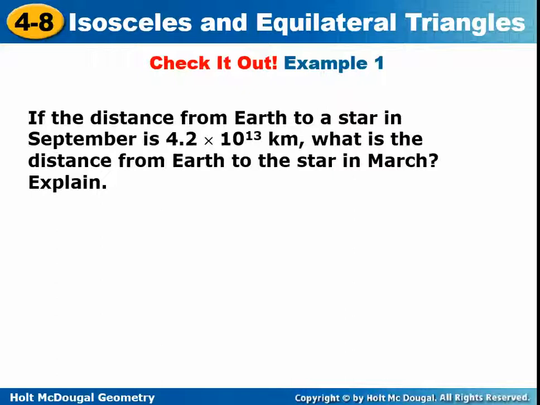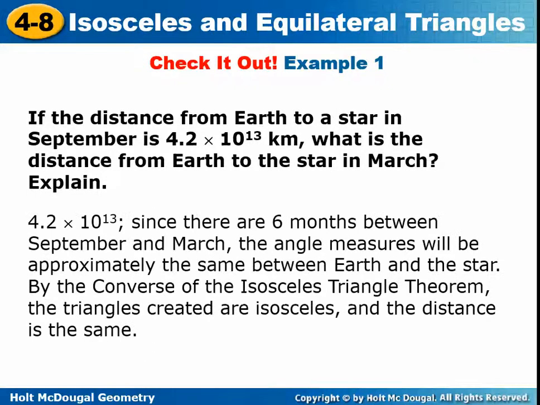Okay, here's another example. If the distance from Earth to a star in September is 4.2 times 10 to the 13th kilometers, what is the distance from Earth to the star in March? This is kind of crazy, but there are 6 months between September and March, so the angle measures will be approximately the same between Earth and the star. Think about it this way. Here's our Earth, here's the star. Here is September, and here's March.